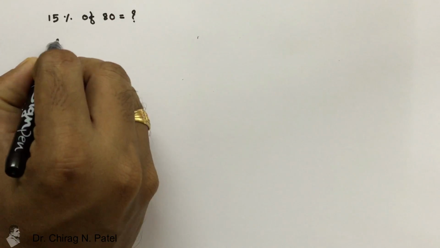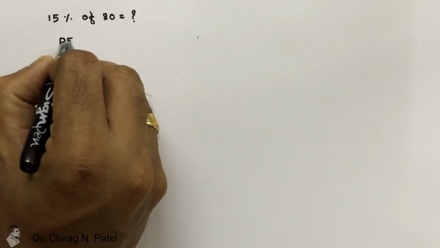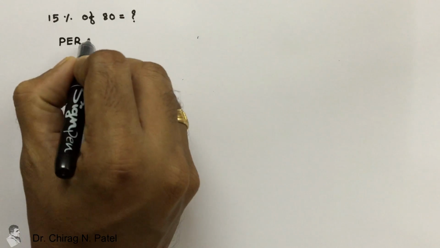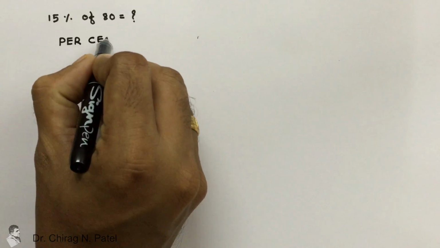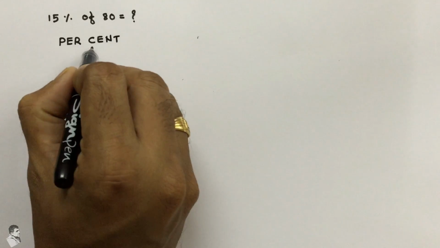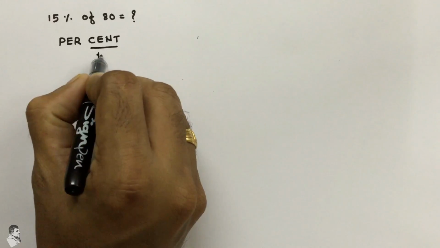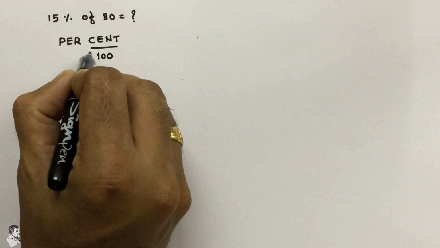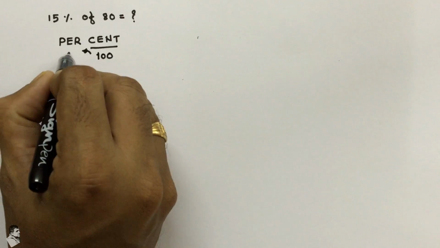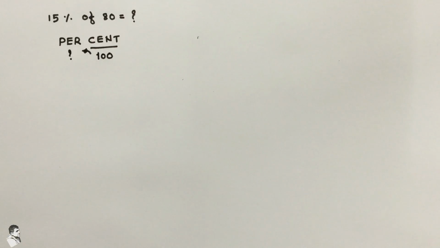Now before giving the answer for this, we have to understand percent. That is per and cent. So cent is 100, and the part of that we found out is known as a percent.